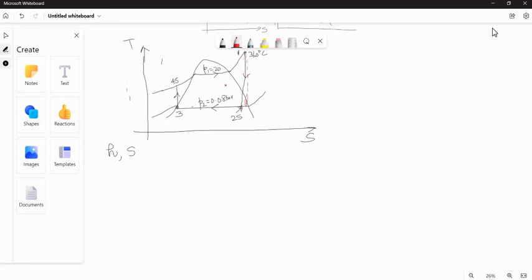Suppose I put this point as 2. Here also, you can see the actual cycle will go like this. Suppose we put this as 4. So the actual cycle is 1, 2, 3, 4. Ideal is 1, 2s. Now, the actual cycle.